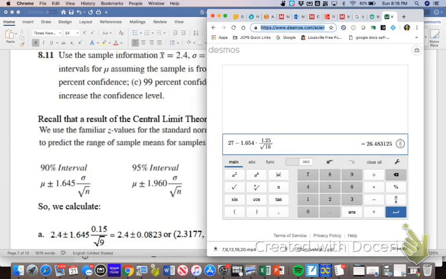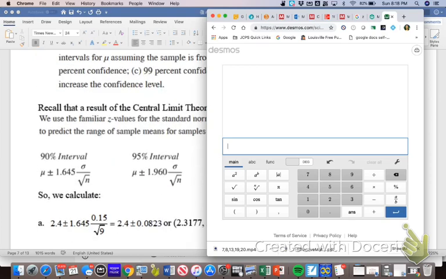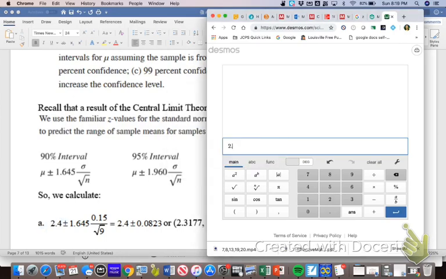All right, so I'm going to clear all. So I'm going to do the first part where it's the 2.4 plus all this jazz, okay? So I type in 2.4 plus 1.645 times the fraction, 0.15, divided by the square root of 9.